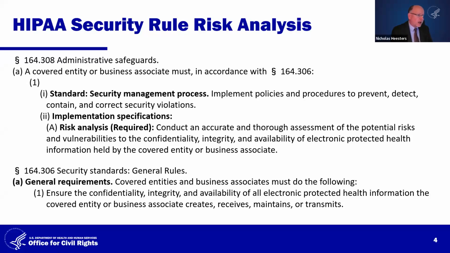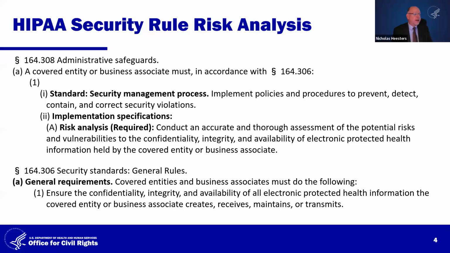And the first of these general requirements is for covered entities and business associates to do the following. They must ensure the confidentiality, integrity, and availability of all electronic protected health information the covered entity or business associate creates, receives, maintains, or transmits.